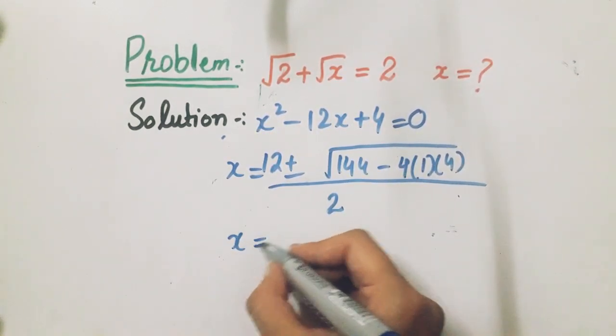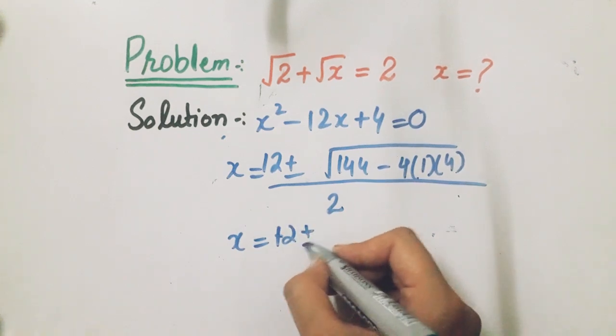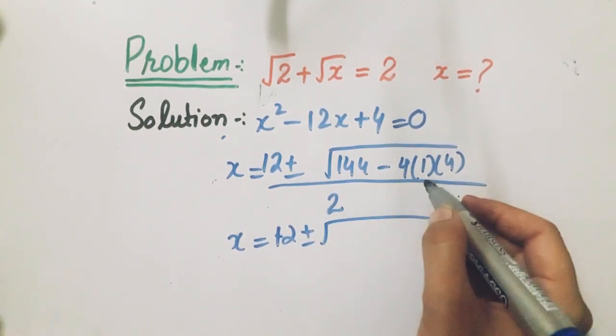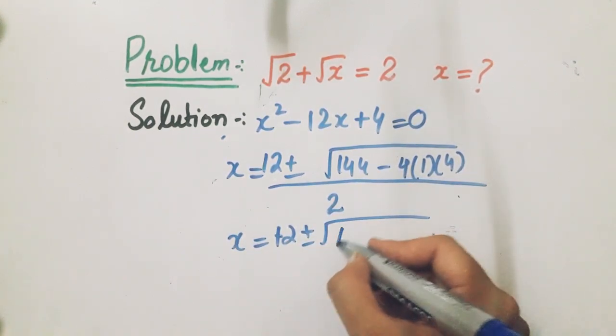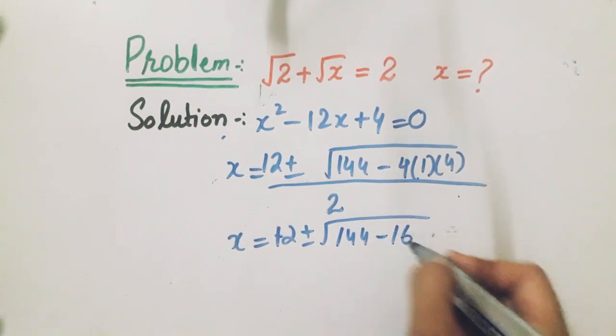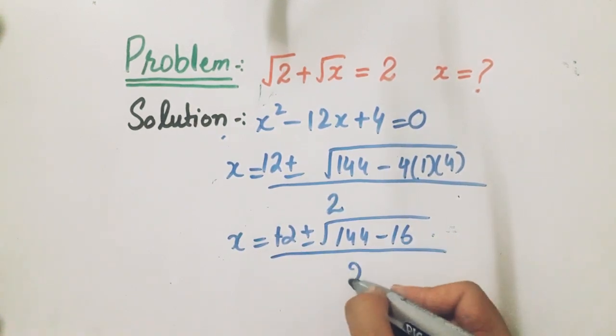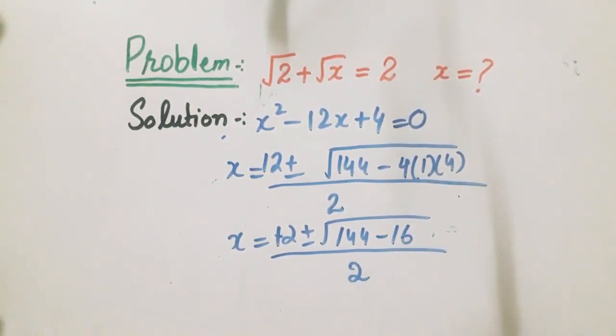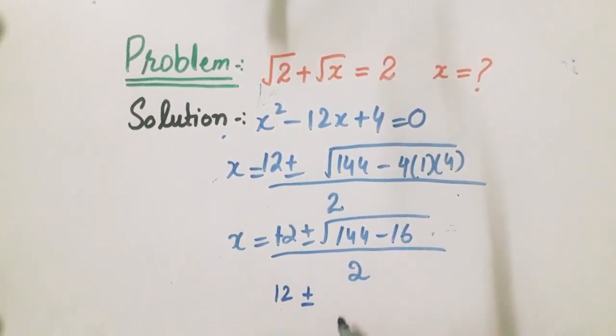So x equals 12 plus minus square root of 144 minus 16, divided by 2. So this is 12 plus minus square root 128 divided by 2.